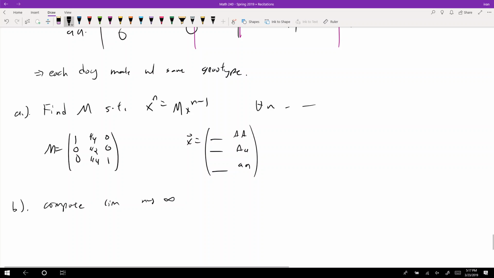The determinant of M minus lambda I is [1 minus lambda, 1/4, 0; 0, 1/2 minus lambda, 0; 0, 1/4, 1 minus lambda].